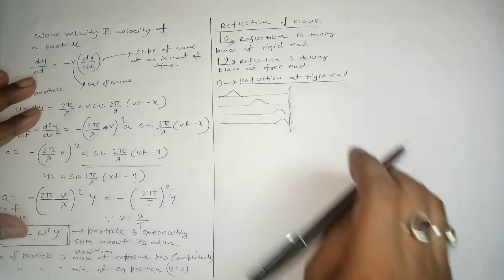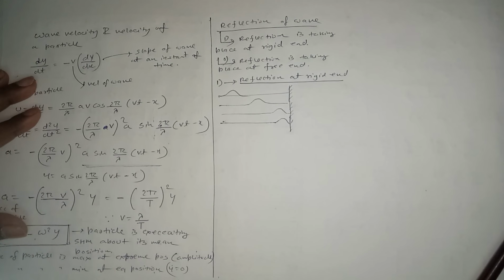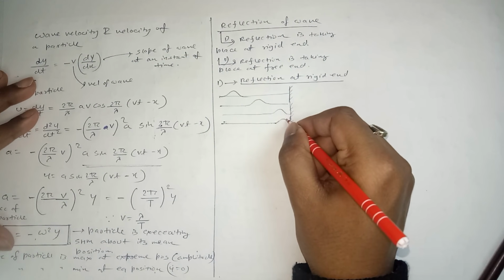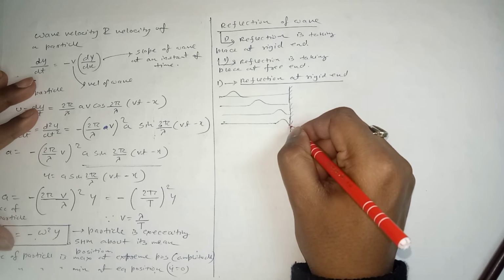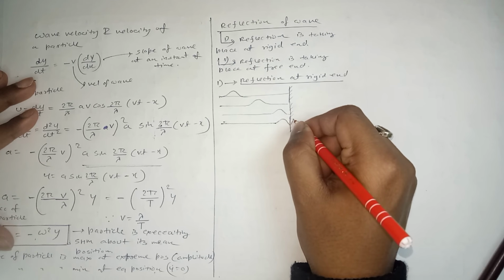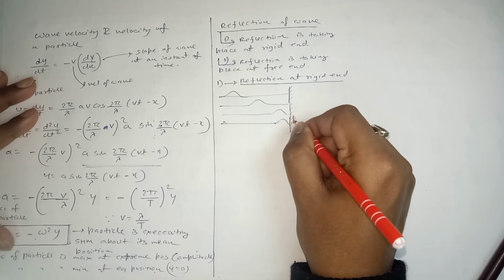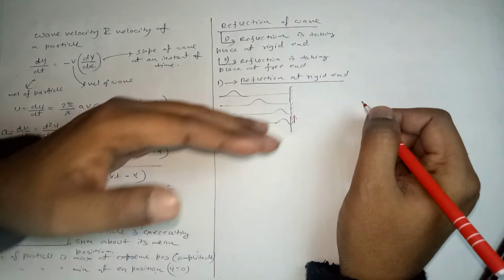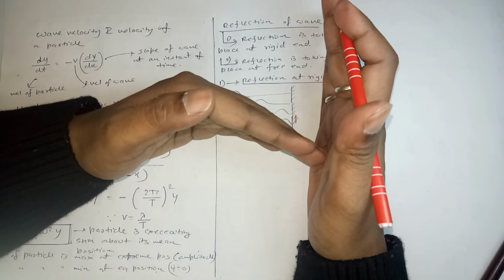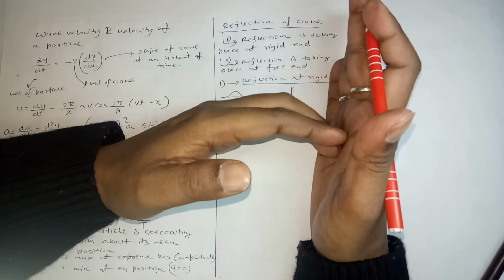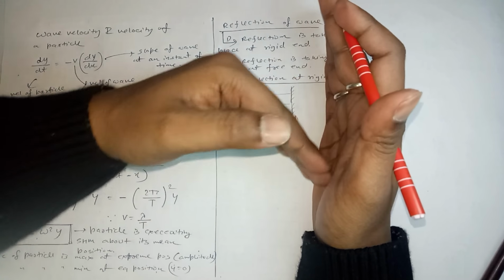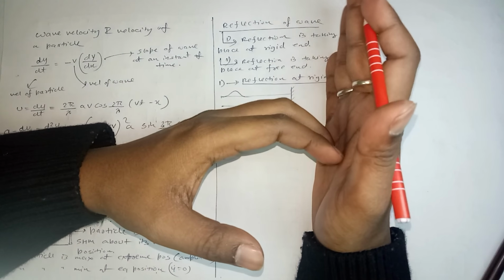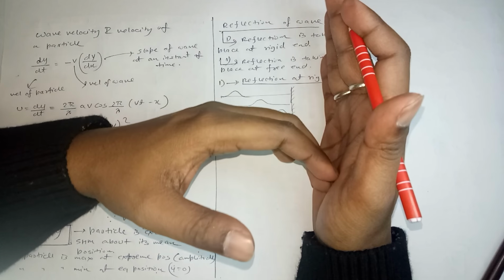So now, as it reaches the wall, the particles in the string will have a tendency to exert a force acting upwards on the wall, because at this point the wave is like this and it needs to displace the wall. The wave is coming like this and this part is attached to the wall.